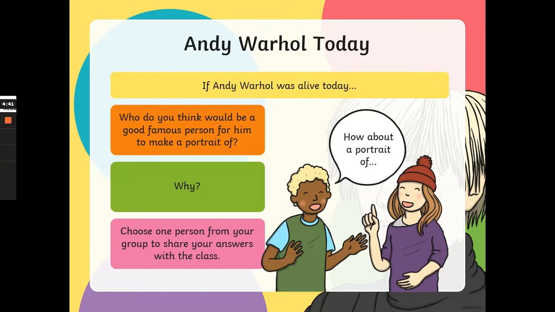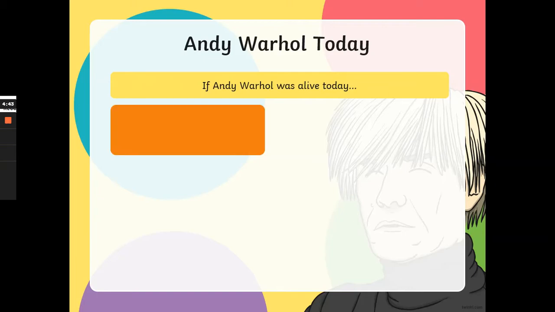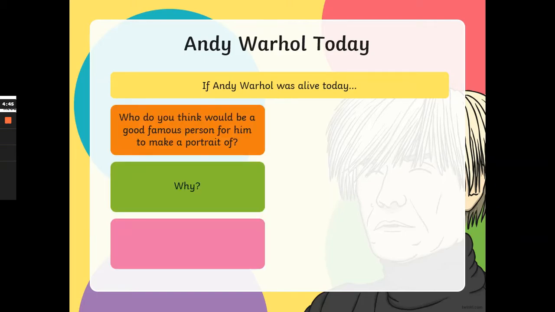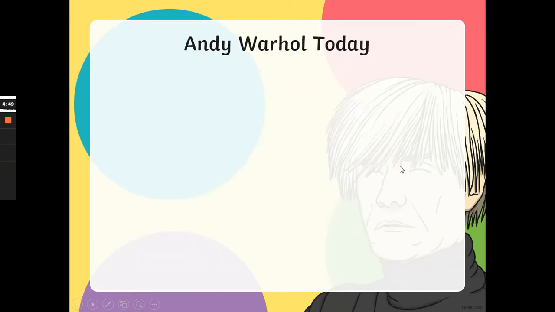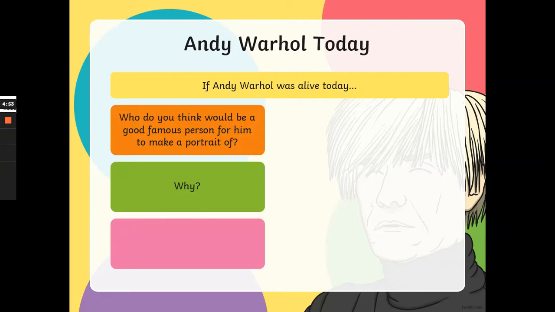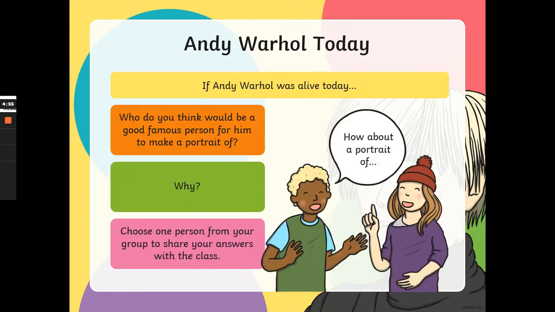Who could he make one of these pictures of? I was actually thinking of the Queen, because we have lots of pictures of the Queen and I think that would look really effective. But is there anyone else that you can think of, and why?